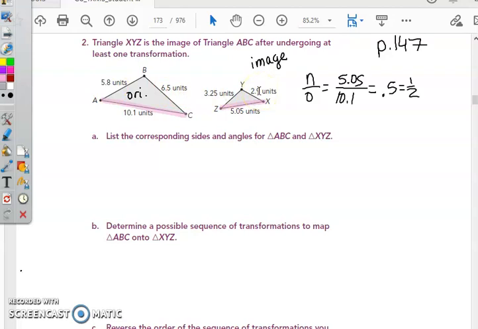So I want to make sure that we check all of our sides to make sure they all change by the same scale factor. In your calculator, put 5.8 and then multiply by the scale factor that we got here, 0.5.